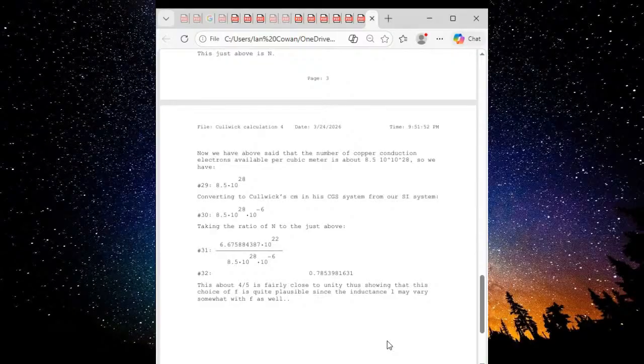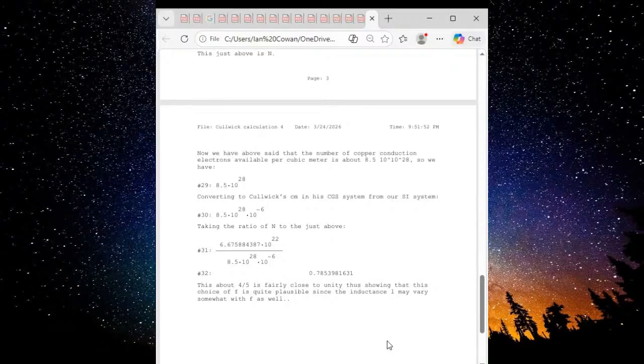So there were three problems with Kullwick's theory. One was that he was using a spherical model, which, since he was an honest man, he had to admit was extremely shaky and not stable. Then the next was electrons spiraling down the wire. They don't just go down the wire, and you need this to get the magnetic field circling the wire as a concentric circle.